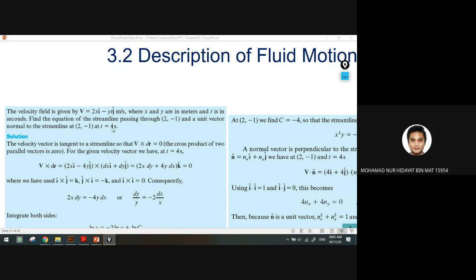The time is always fixed for the two questions. Given the time is 4 at the instantaneous time. Remember, the streamline is the measure of the instantaneous flow direction. So at time 4, you substitute t equal to 4. That's why 2xi minus yt becomes negative 4yj, crossed with dr.